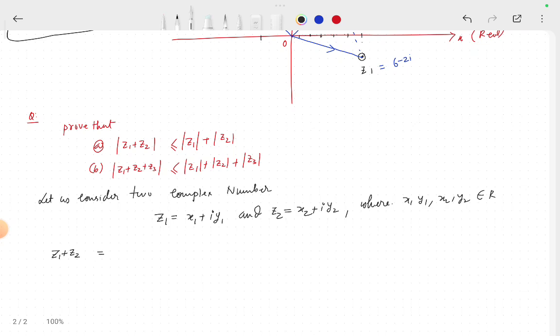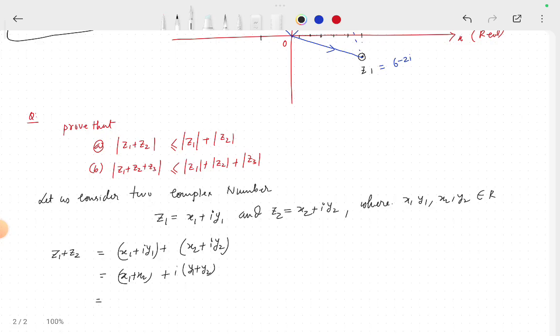We already know how to add these two complex numbers: x1 plus i y1 plus x2 plus i y2. We add real with real, so x1 plus x2 plus i times y1 plus y2.